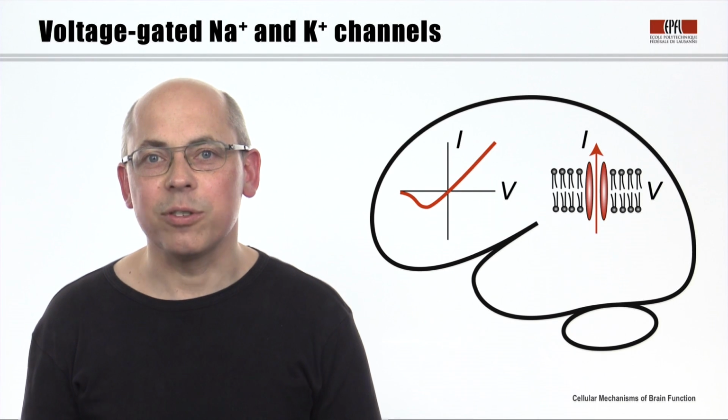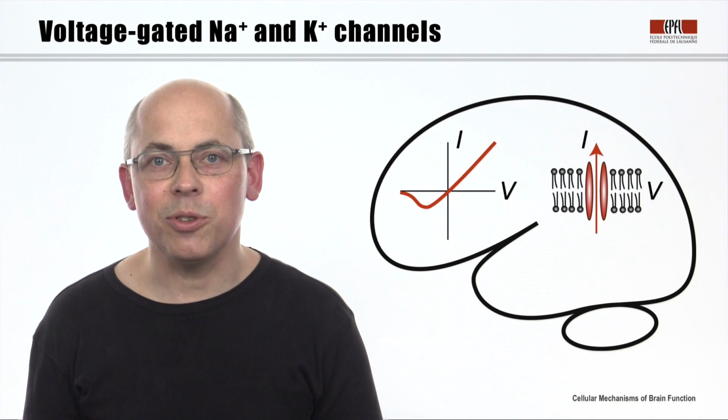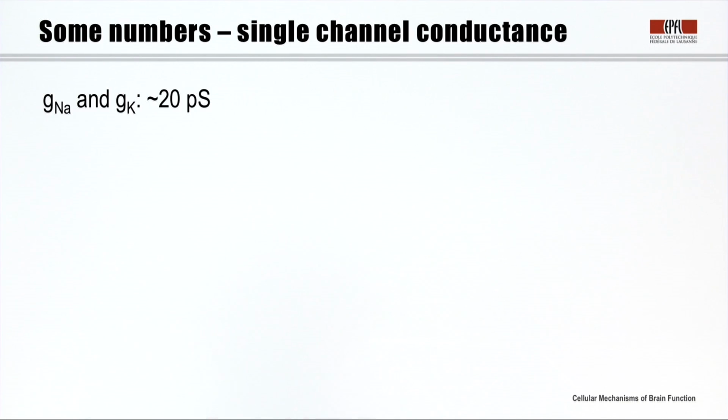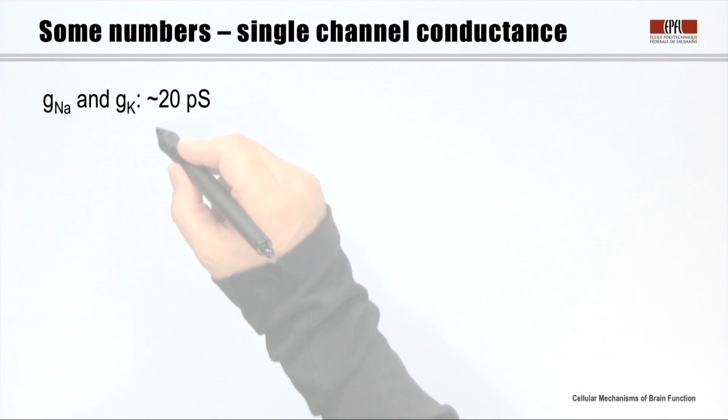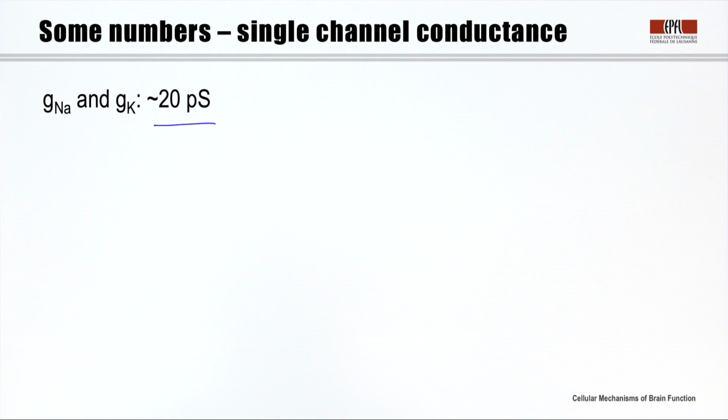Let's see how voltage-gated ion channels can contribute to changing membrane potential in neurons. Let's consider a cell that has voltage-gated sodium and potassium channels, each of which has a single channel conductance of roughly 20 picosiemens.